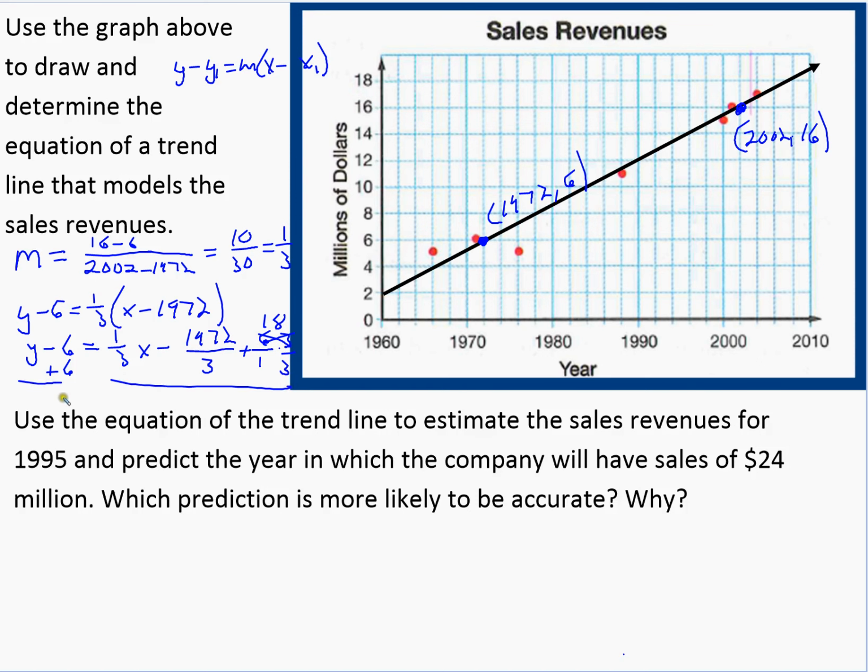And so we get y equals 1/3 x minus 1954 over 3.